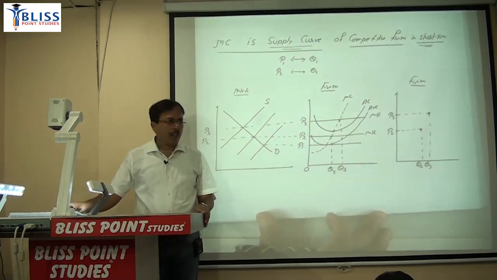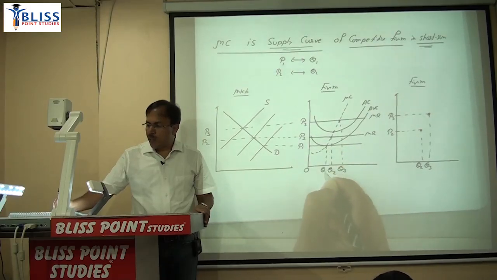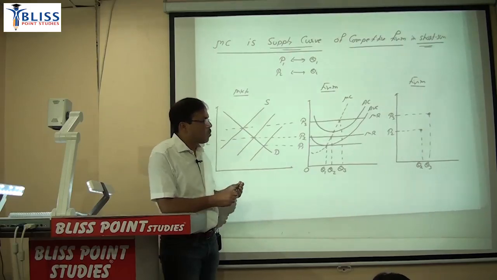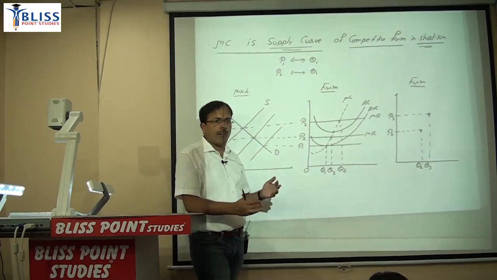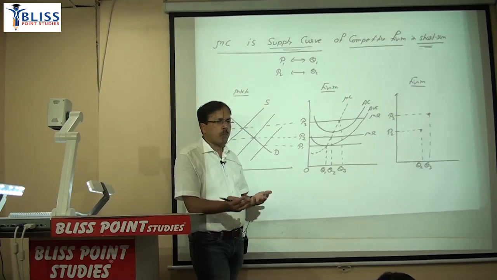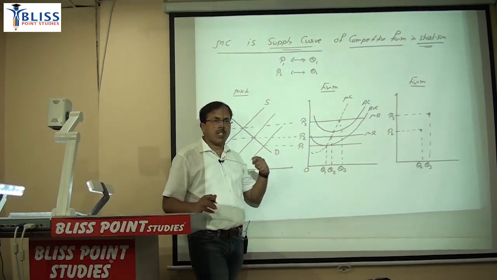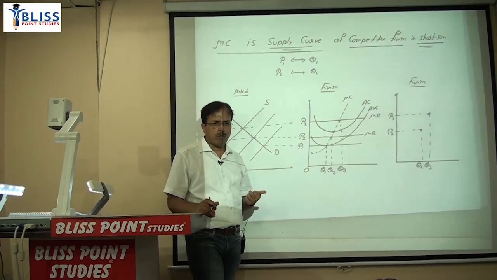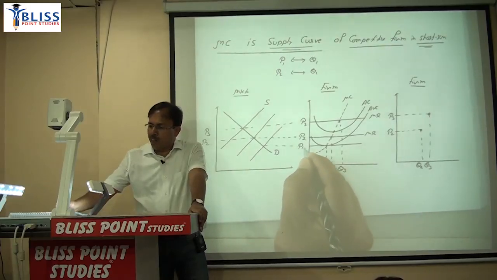At price P1, MC is equal to MR, so quantity is Q1 at price P1, whether firm will produce or not, वो ऑपरेटिंग प्रॉफिट भी जीरो हो गया. नाउ फर्म इज इंडिफरेंट बिटवीन प्रोड्यूसिंग एंड shutting down the business. So if firm shuts down the business, then how much quantity produce? Zero. So if price is any value lower than P1, then quantity is zero.